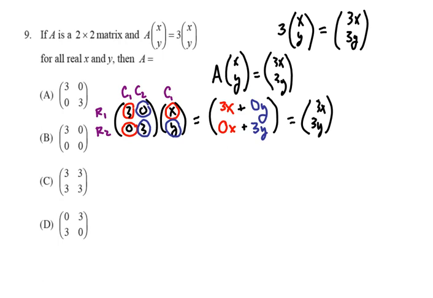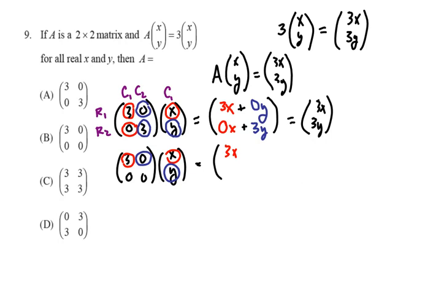Alright, let's go quickly through the other options to see what we would get. So when I multiply the first element of the first row, that's 3, times the first element in the first column, I get 3x. And that's good. Then I'm going to multiply the second element in the first row of the first matrix by the second element in the first column of the second matrix, and I get 0y.